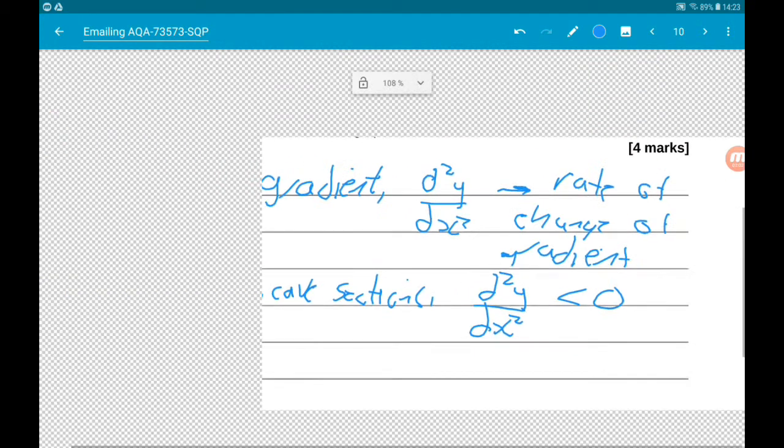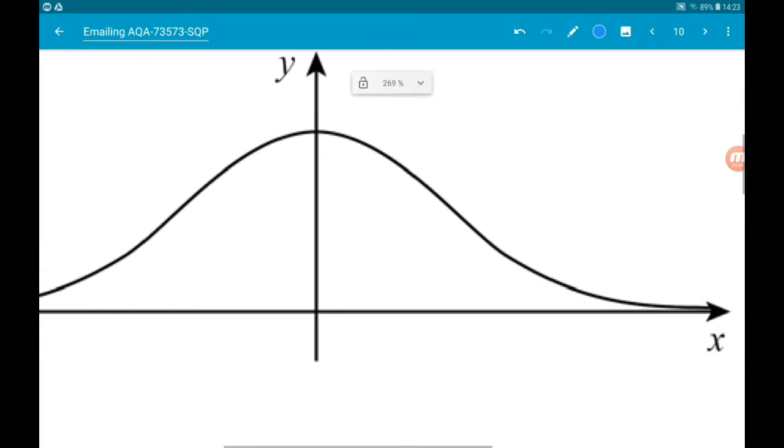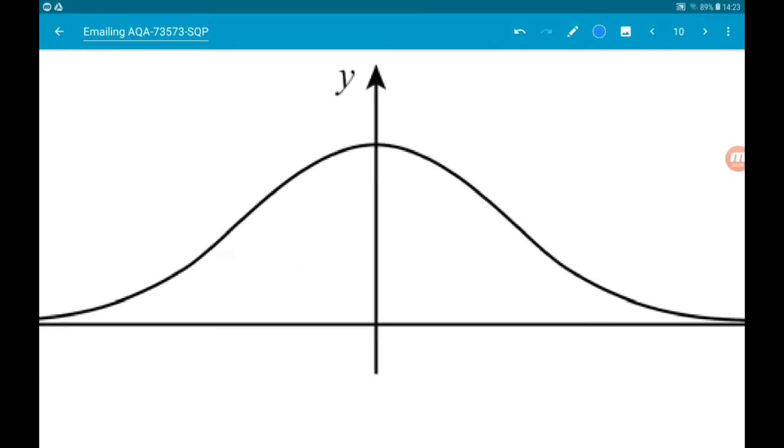Okay, so let's find on the graph roughly where this region is. So it's where the gradient is starting to slow down and then get negative.